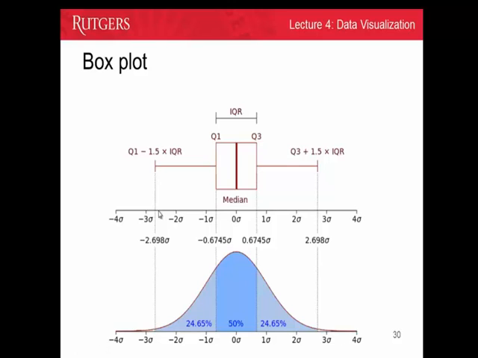Possibly they could indicate the 9th percentile and the 91st percentile, or the 2nd percentile and the 98th percentile. But anyway, the data points inside this range are considered normal, while the data points outside the whiskers are considered outliers.